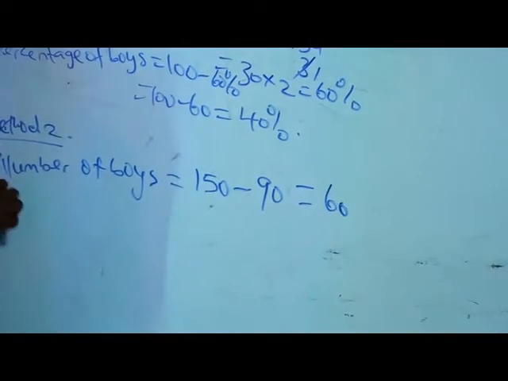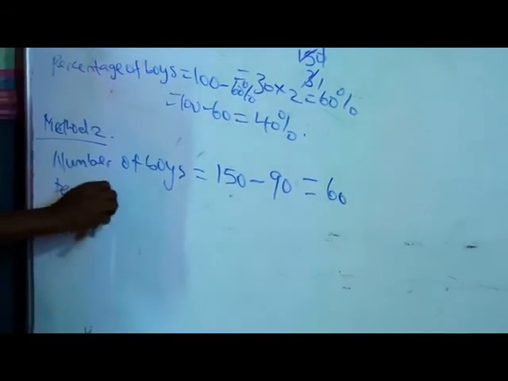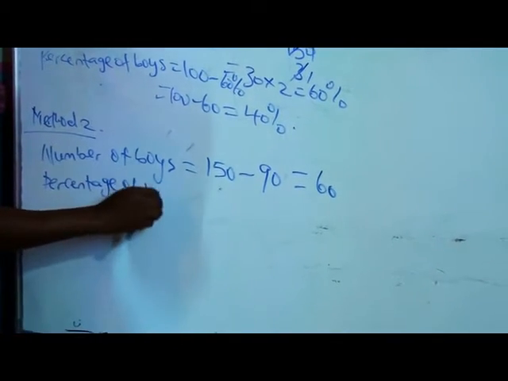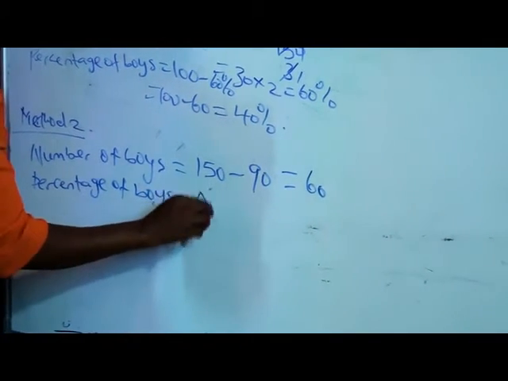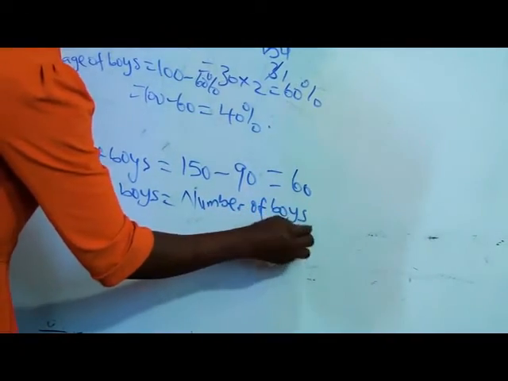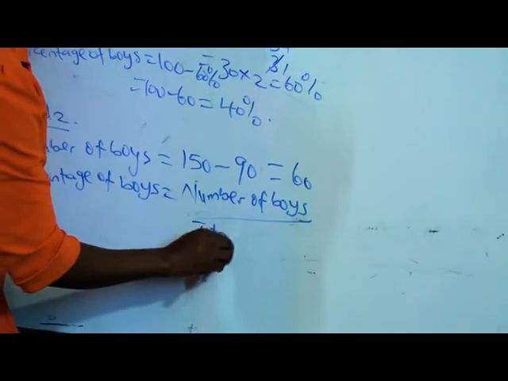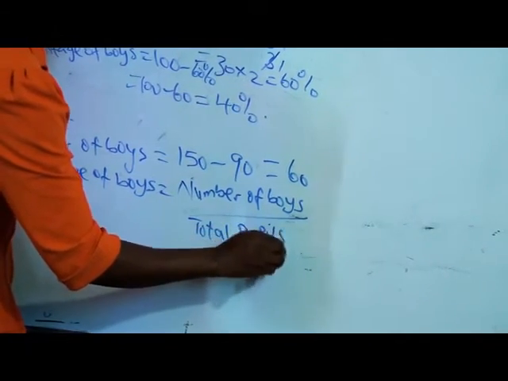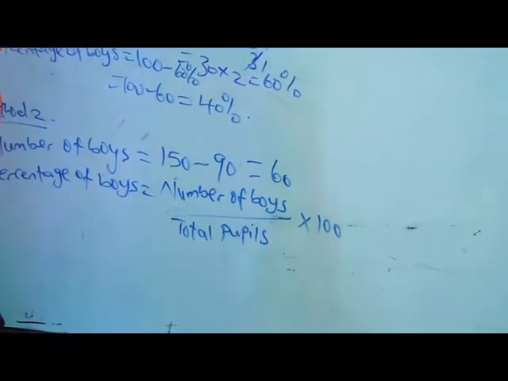So percentage of boys would be number of boys divided by the total number of pupils times 100.